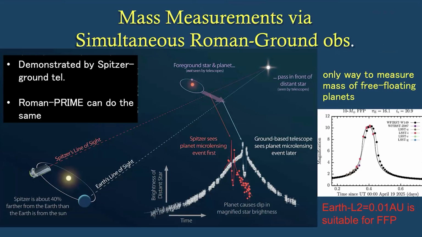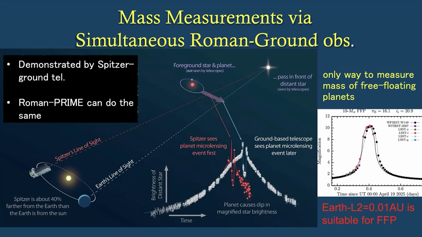One of the key sciences of PRIME is that we're going to conduct simultaneous observations with Roman from the ground. If we observe one event from space and the ground, we can see the slight difference in the magnification and also the timing of the peak because of the parallax.